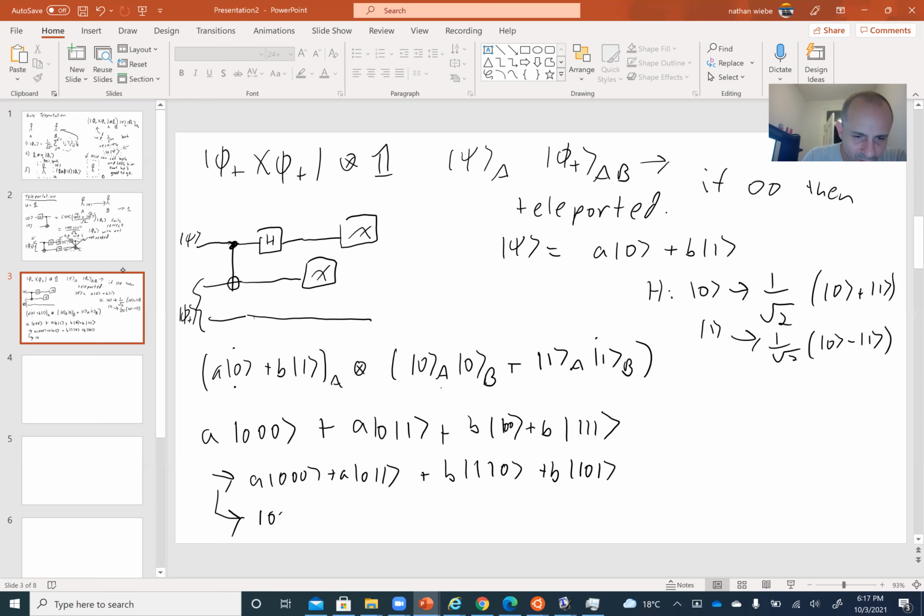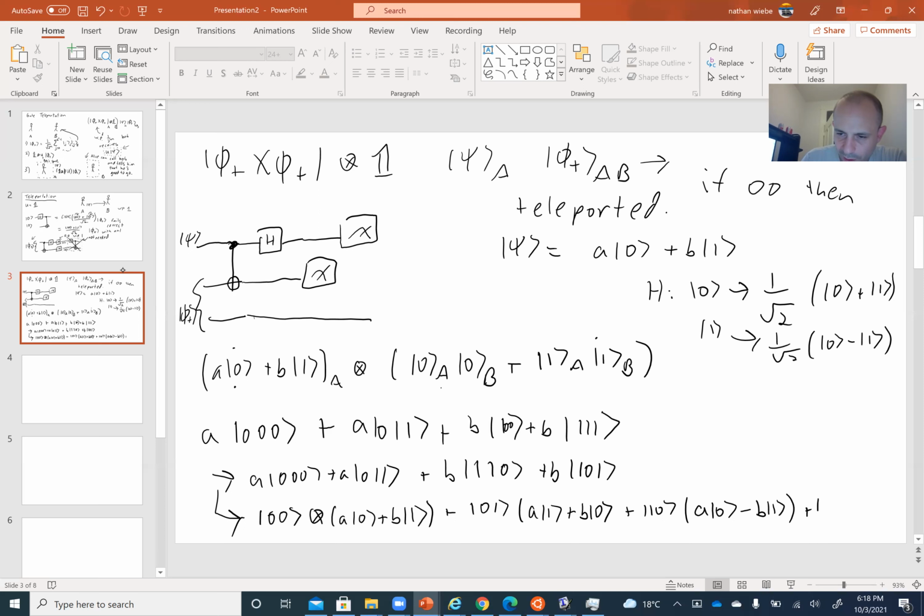something of the form 0, 0, tensor A0 plus B1, plus 0, 1, A1 plus B0. And then we get plus 1, 0, A0 minus B1.